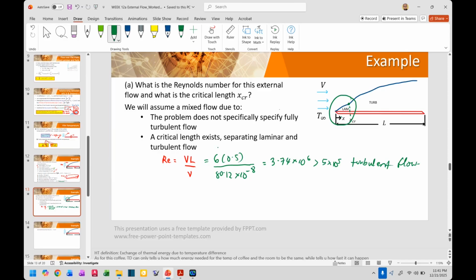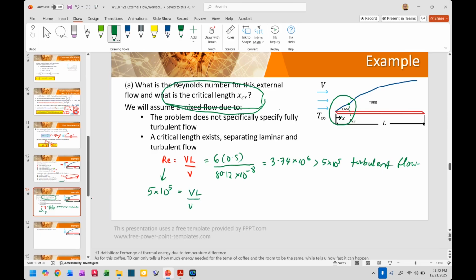So anyway, what is the critical length? The critical length is when the flow transitions from laminar to turbulent, which is equivalent to a Reynolds number of 5 times 10 to the power of 5. So that is the Reynolds number for critical length, right before it transitions from laminar to turbulent. Now, just repeat the same formula, V times L over nu.